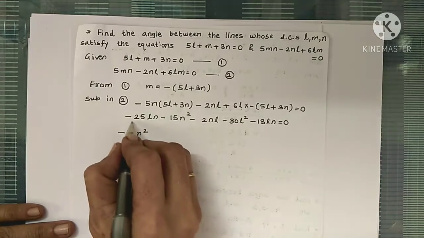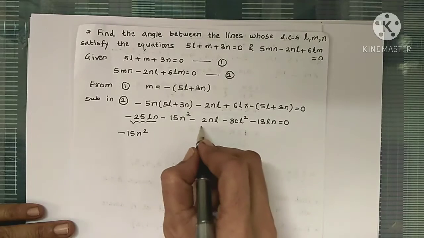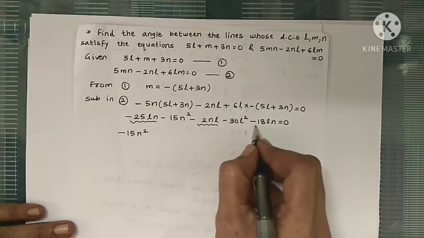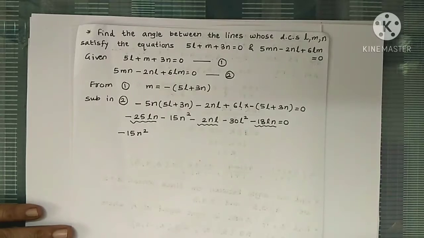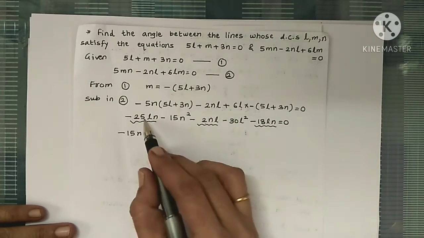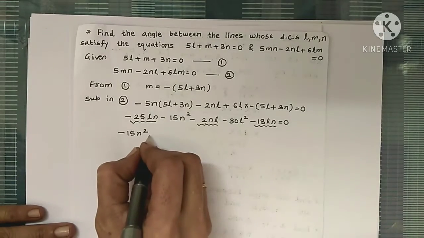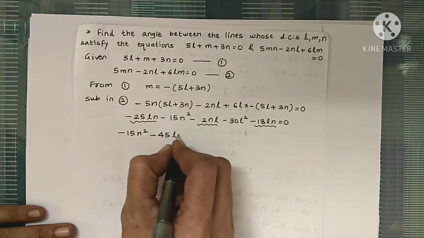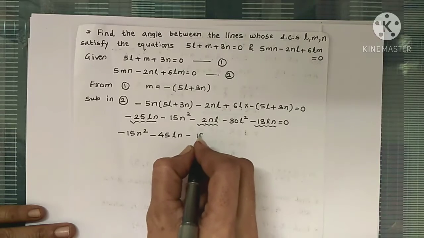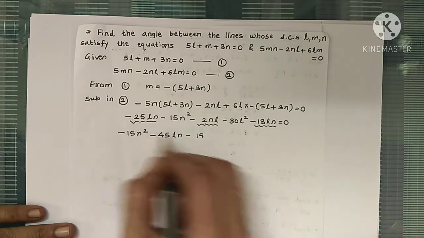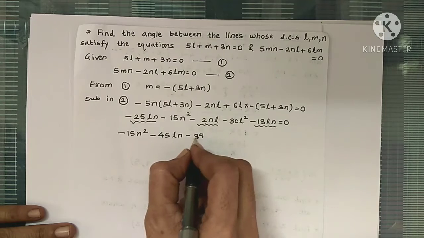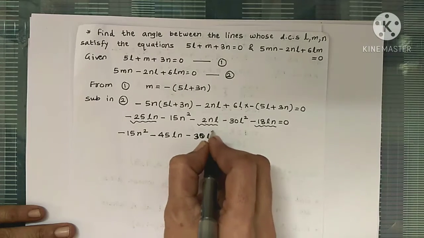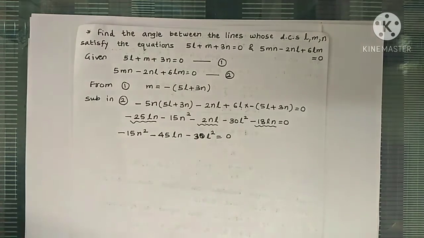Then let's collect the terms in ln: -25ln - 2nl and 18ln. So 18 plus 2 is 20, 20 and 25 is 45, but all have minus sign, so it is -45ln. And the remaining term is -30l square, equal to 0.